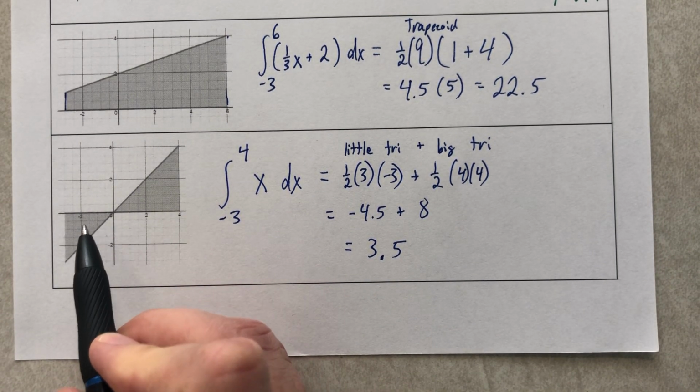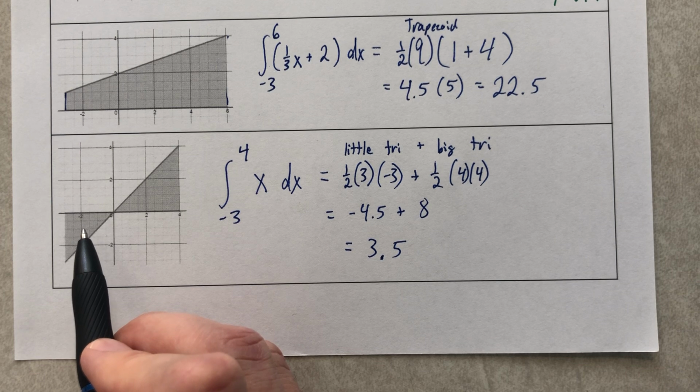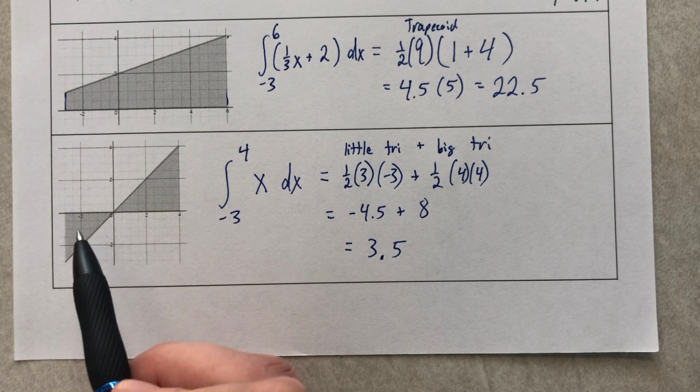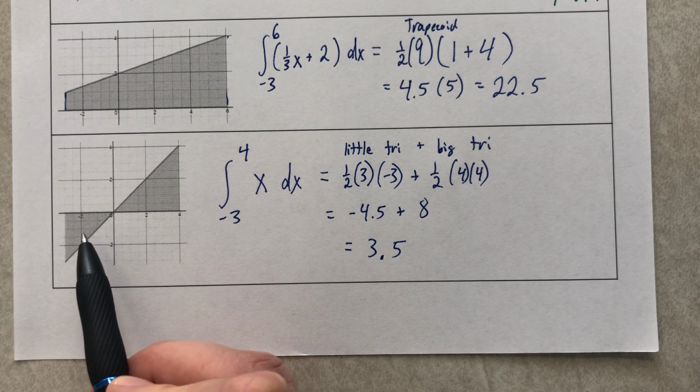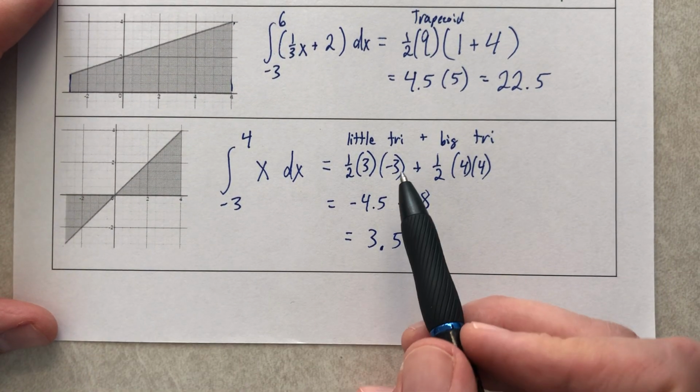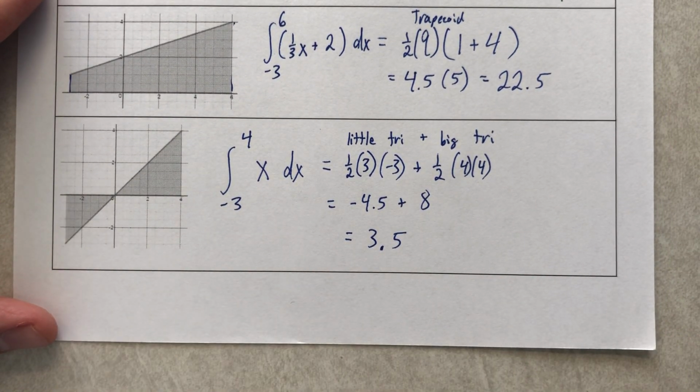But because this one is below the x-axis, we're going to count it as negative. In a practical sense, it may not make sense to have a negative area, but from a computational point of view, I had to use a -3 for my height.